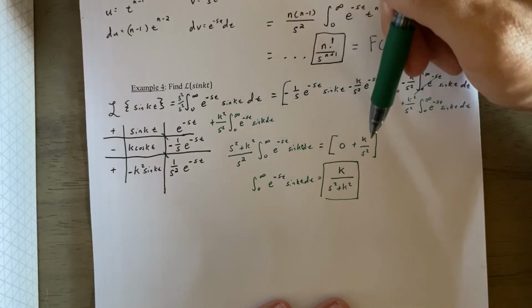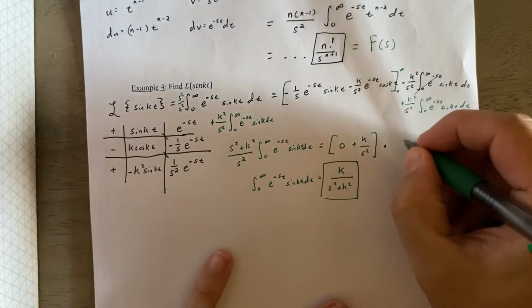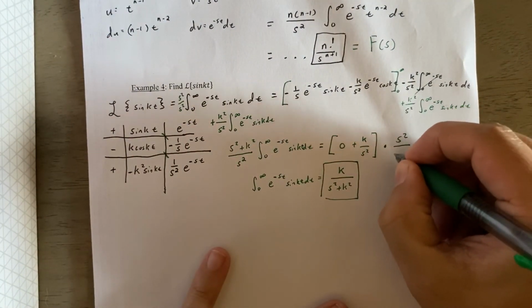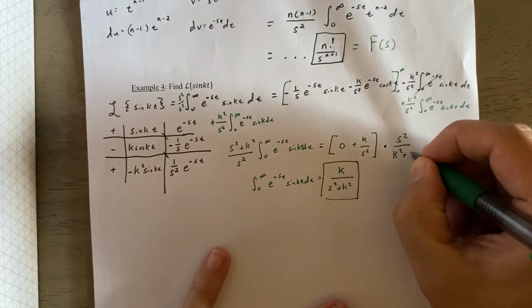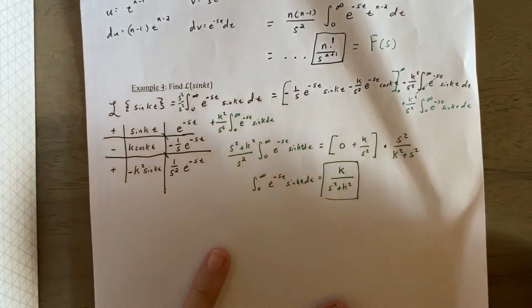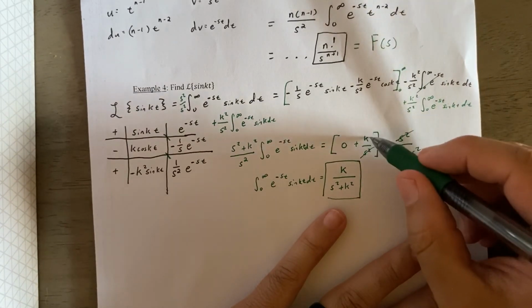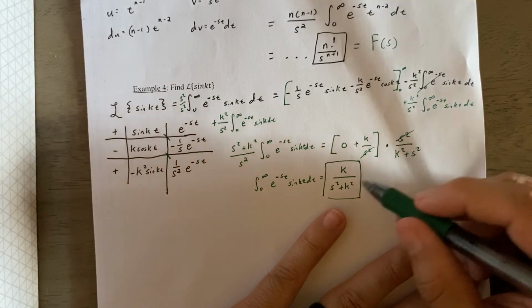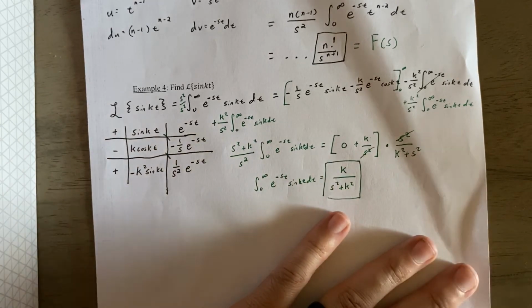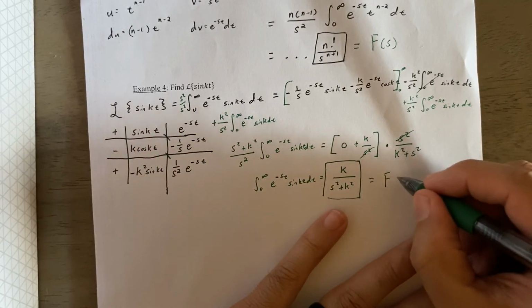When I do that, the s squareds cancel out, and I'm left with k in the numerator and s squared plus k squared in the denominator. And again, this is my Laplace transform.